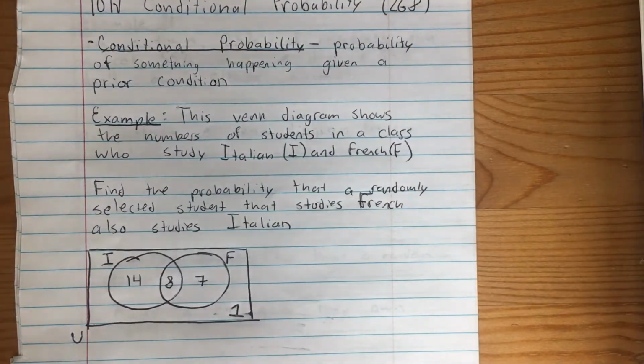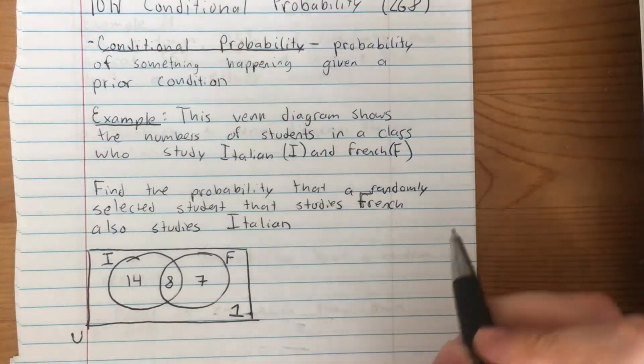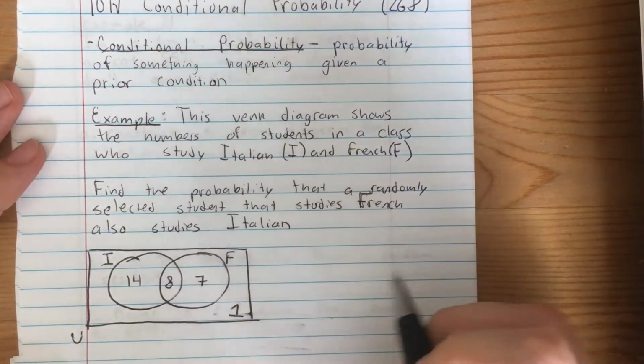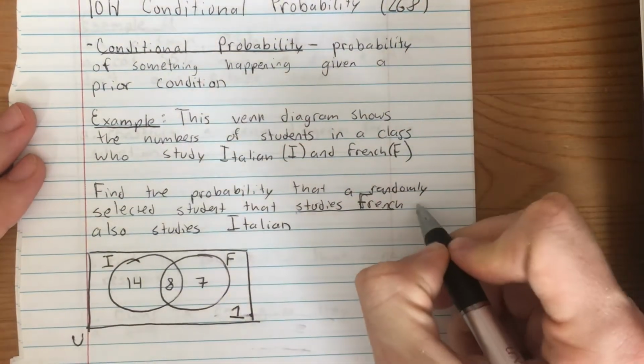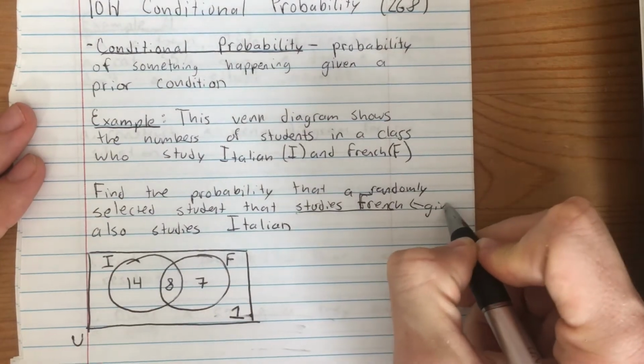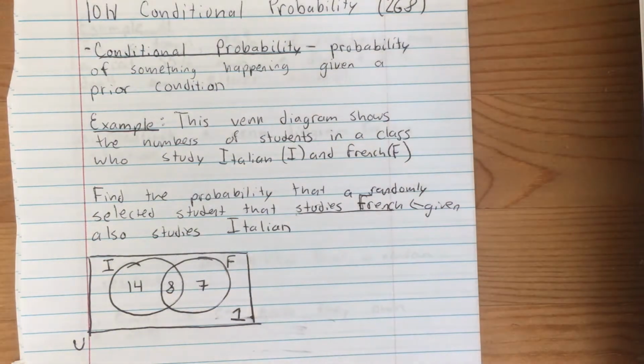And we're looking to try and find the probability that a randomly selected student studies French, also studies Italian. So when we're looking at this, we're trying to figure out, okay, well, first off, how many total people speak French in this class, according to this Venn diagram?